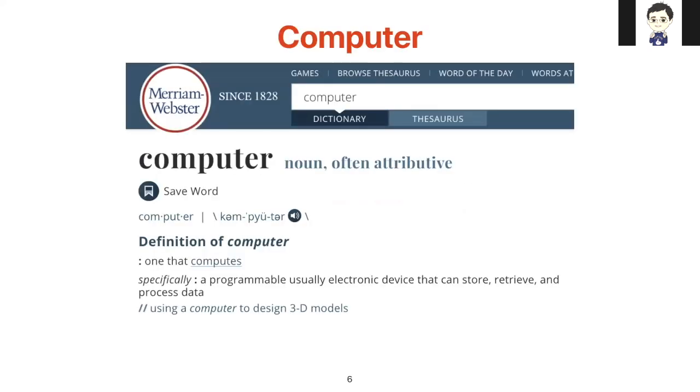So what's a digital computer? If you check the definition of computer from the dictionary, it's a programmable and usually electronic device that can store, retrieve, and process data. And it's widely used.